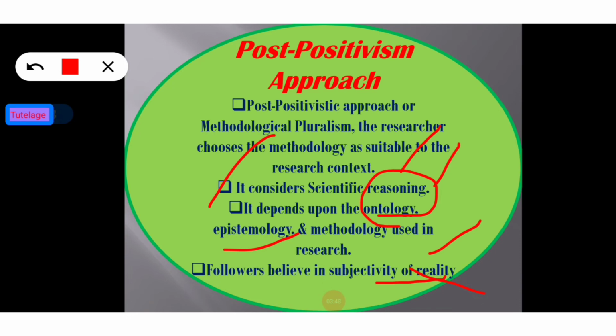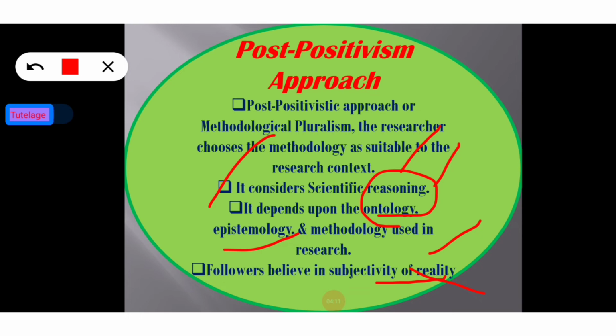So post positivism approach basically rejects the idea that any individual can see the world perfectly as it really is. So they argue that the ideas or the particular identity of a researcher influences what they observe and therefore impacts upon what they conclude.